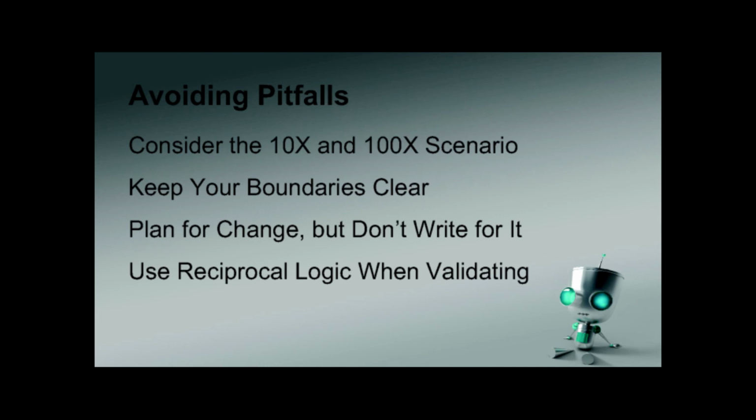Don't set up systems that have to be in sequence, that have to, this must precede this every single time, or as soon as you get the exception, you're going to start having problems and it's going to become a nightmare of work to try to overcome that. Plan for change, but don't write the changes.